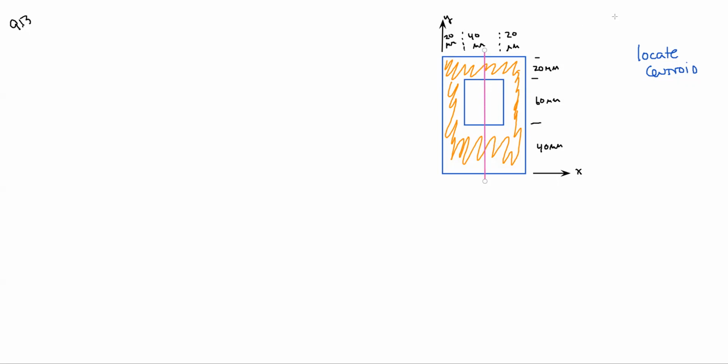Because of that, we immediately know that the capital X bar, or the X component of the point of the centroid, is going to be half of the length, right?